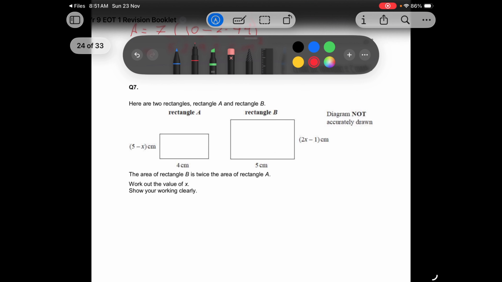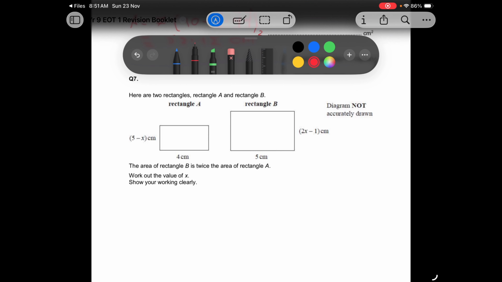So here, students, I have a story talking about two rectangles A and B. So rectangle A is shown to the left, rectangle B is shown to the right, and the sides are mentioned, the length and width in each case.